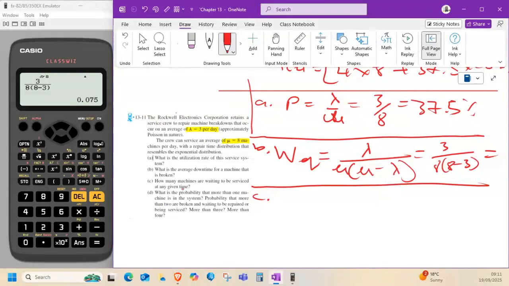C. How many machines are waiting? LQ. They're not in the system, they're waiting to be serviced at any given time.